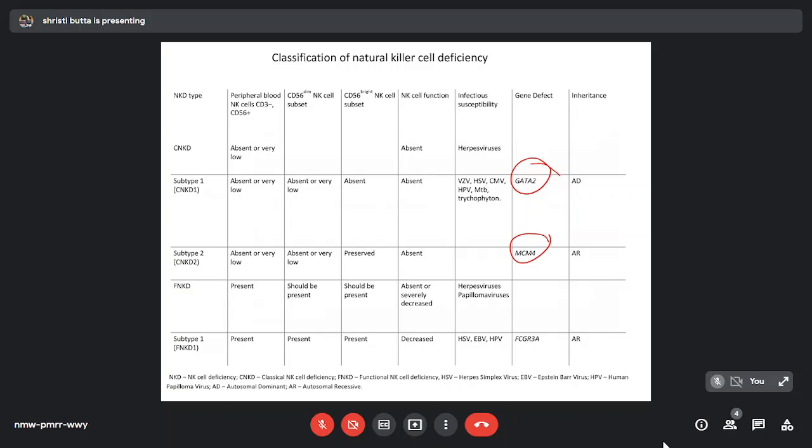Though the subtype 1 is autosomal dominant, the subtype 2 is autosomal recessive. Functional NK cell disorder particularly arises when there is a defect in the gene encoding FCGR3A. Okay, and it is important to note that this is an autosomal recessive disorder.